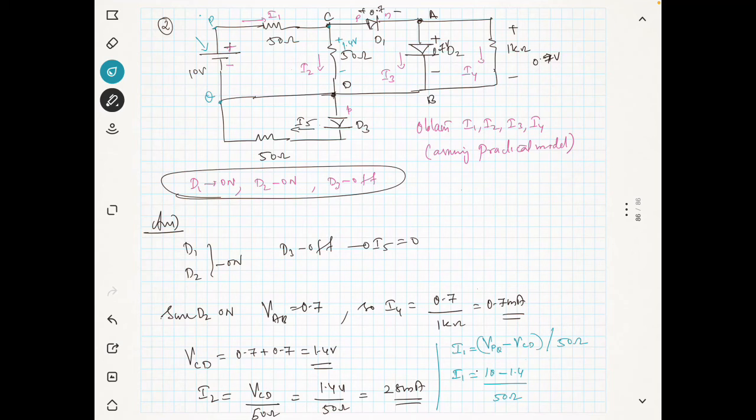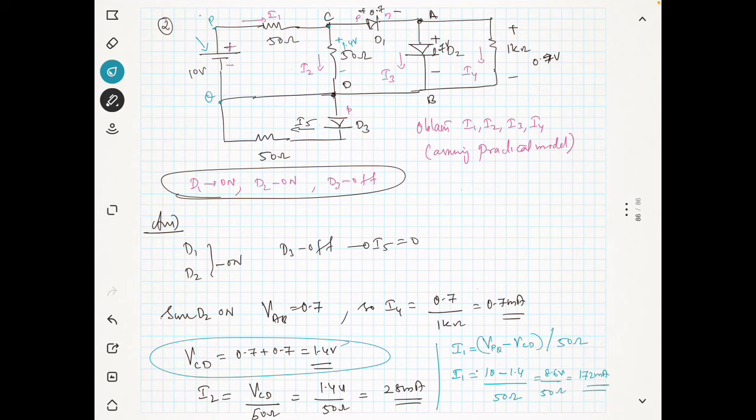That means VPQ is 10 volt and VCD is 1.4 volt as you have obtained while calculating I2. So you will get 8.6 divided by 50, which is 172 milliampere.